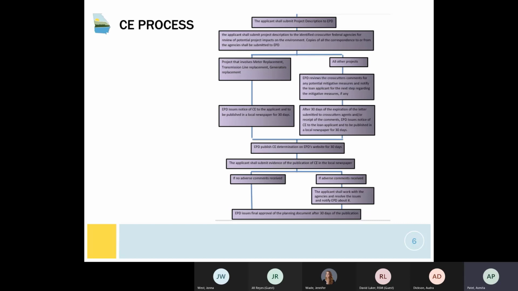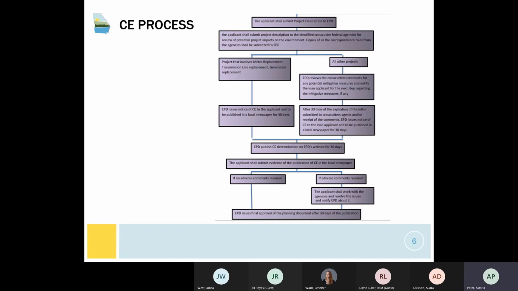In those cases, EPD will not wait for the cross-cutters to respond back or give any comments, because for projects like meter replacement, it is understood that there will be no impact for the Historic Preservation Division or for the U.S. Army Corps of Engineers. So we assume that only the letters should be sent from the applicant to the agencies.